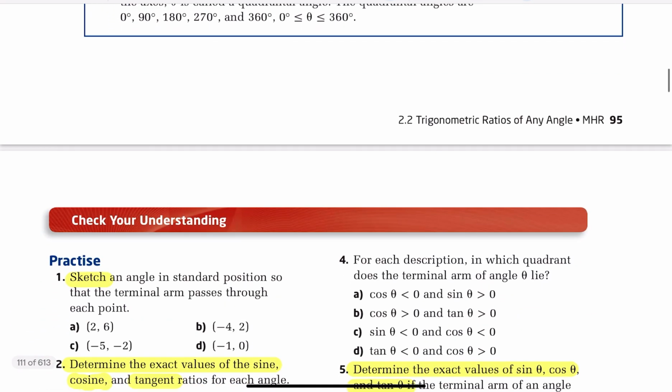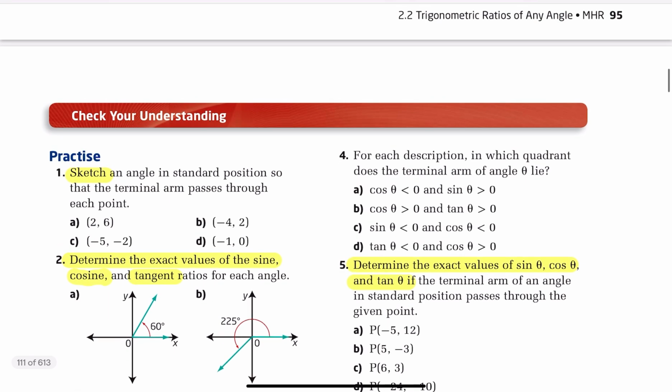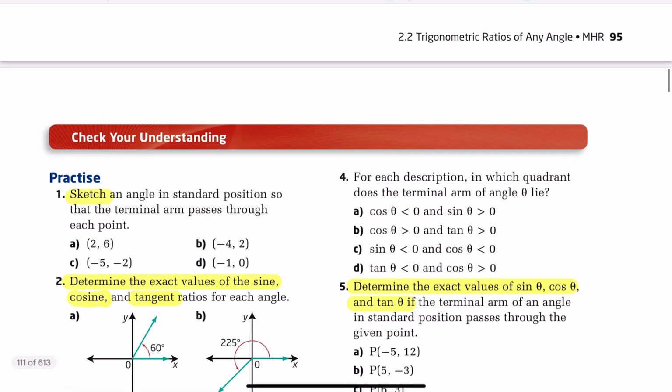Okay, perfect. So now let's do some exercises. The first question is asking you to sketch one angle in standard position for this point. For this exercise, the first thing you do is draw your point. Where are your points in the quadrant?